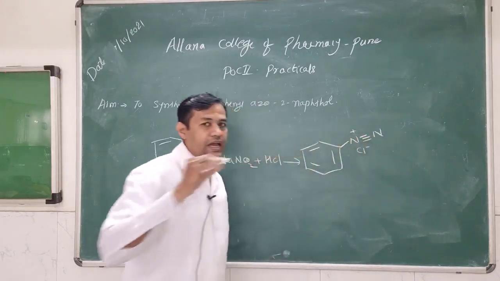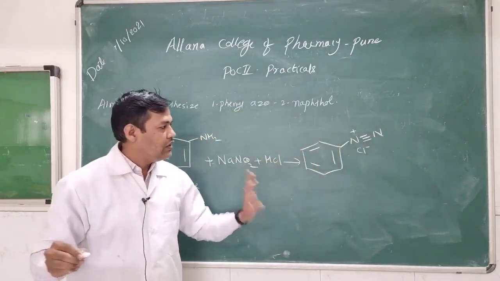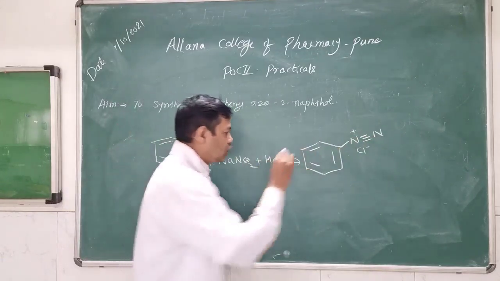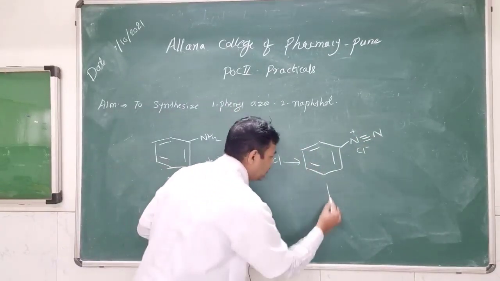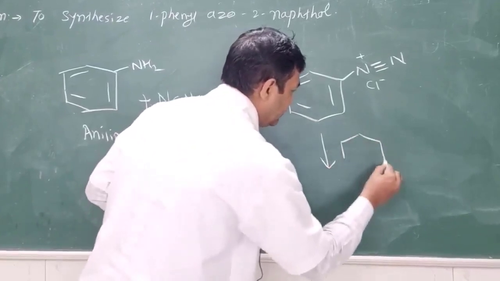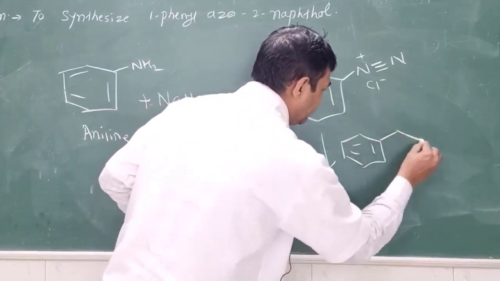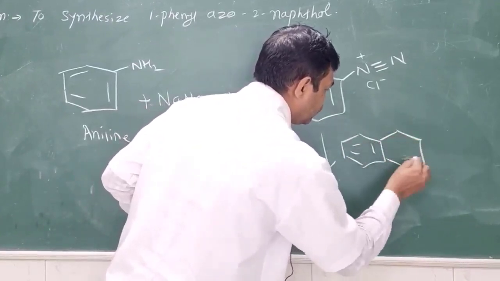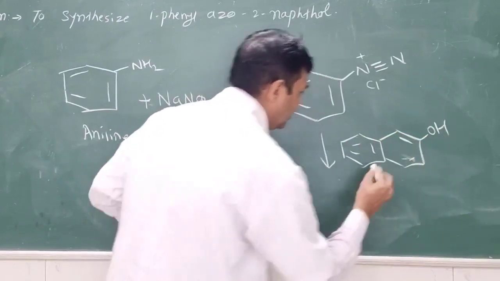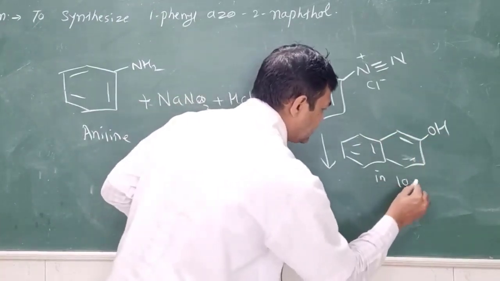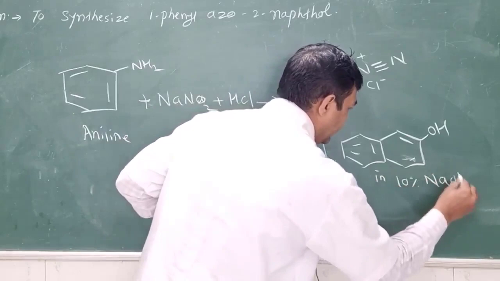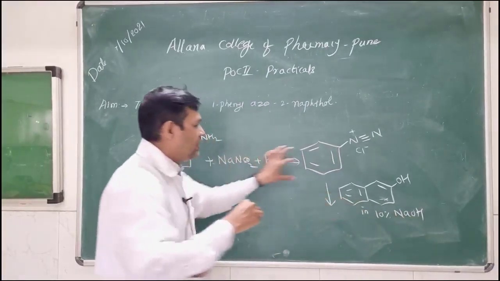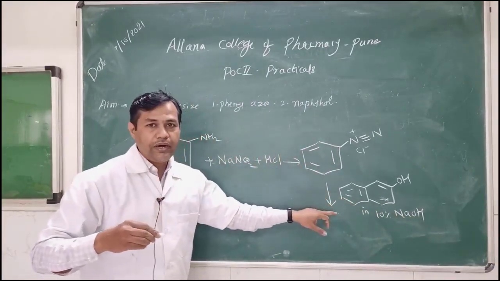It is a phenyl diazonium chloride. And what is the next step? To this phenyl diazonium chloride, we then add beta-naphthol, 2-naphthol or beta-naphthol in 10% NaOH. This is the diazotization part, and second is the coupling part.